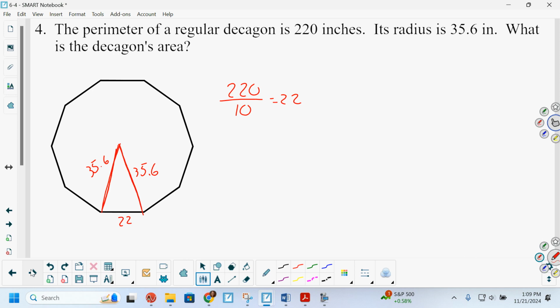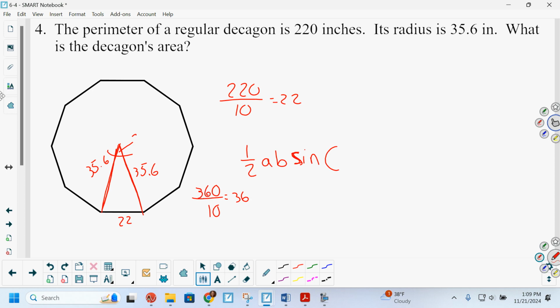What angle do I need in order to use this equation? Hopefully you're thinking this angle right here. So 360 divided by 10 sides is 36. So this whole angle is 36 degrees.